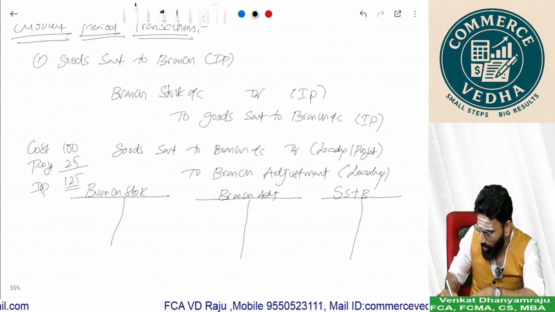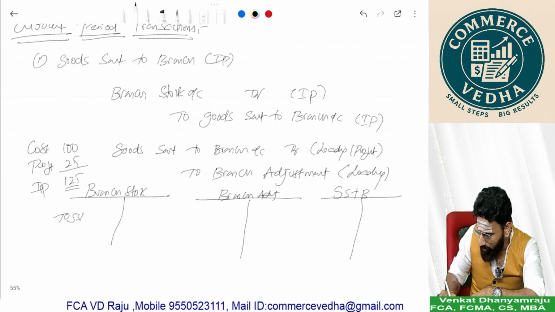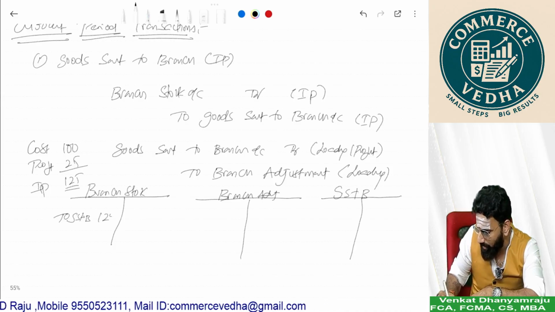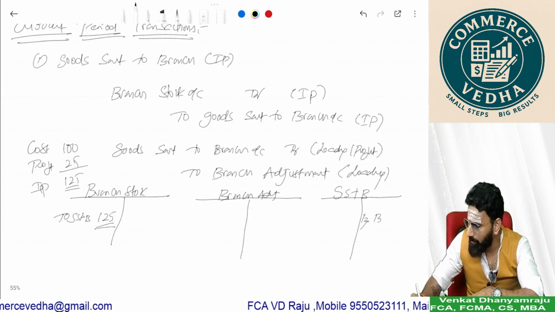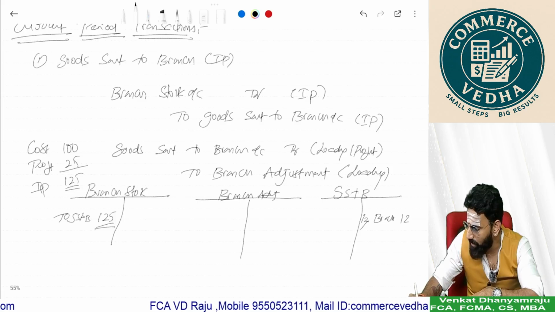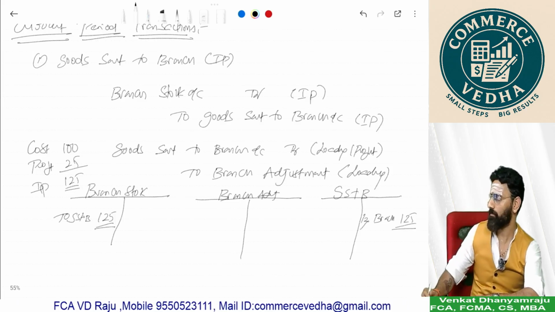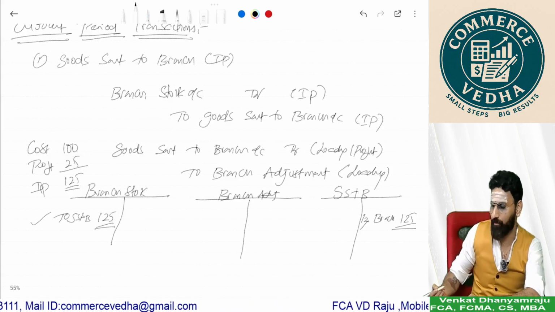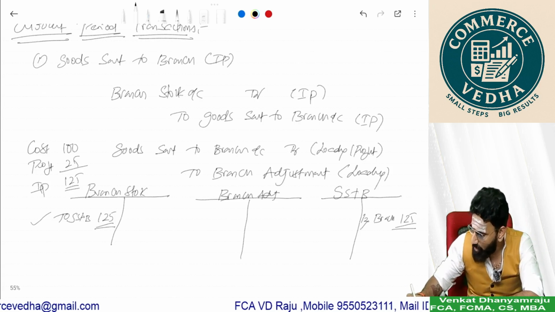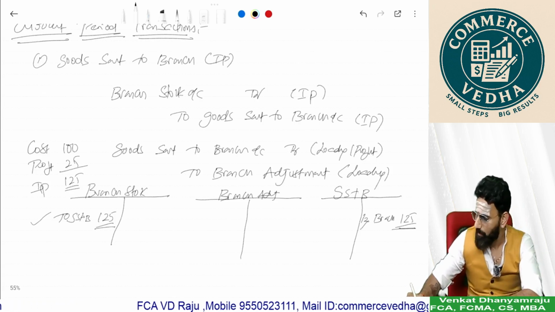So I record goods sent to branch as 125 here and by branch stock as 125 here. In the branch stock, I debited; in goods sent to branch, I credited.